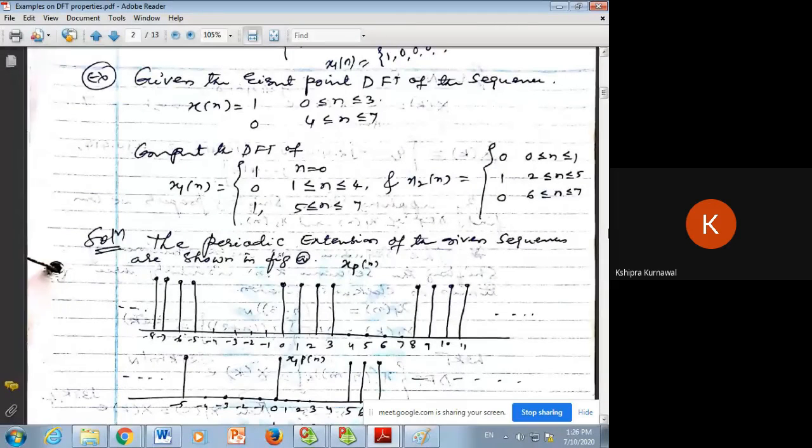Yes, sir. Can you calculate that? You require time for this. So I hope you all know how to calculate an 8-point DFT. Any confusion in calculating 8-point DFT? No, sir. Okay, so we will write down the answer of that first part and go for calculating the second step. Okay.